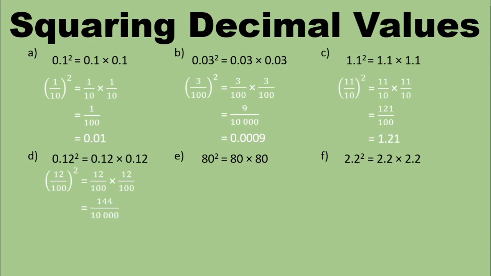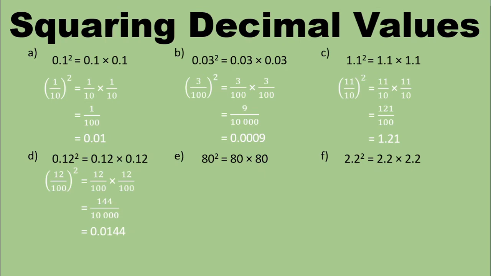So 144 over 10,000, that's 144 divided by 10,000. Move your decimal place 4 places. So that's going to be 0.0144.